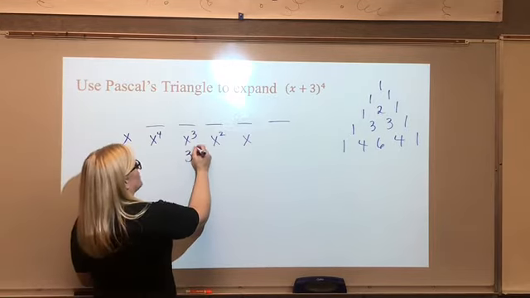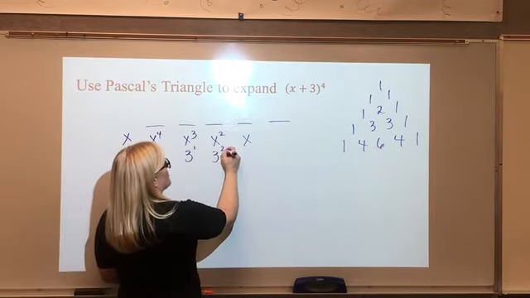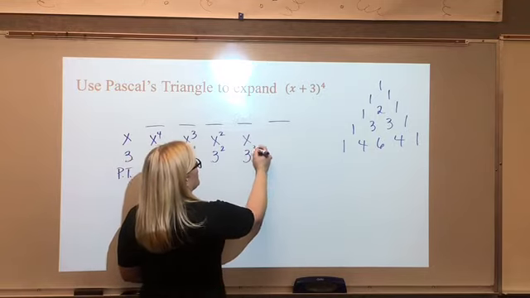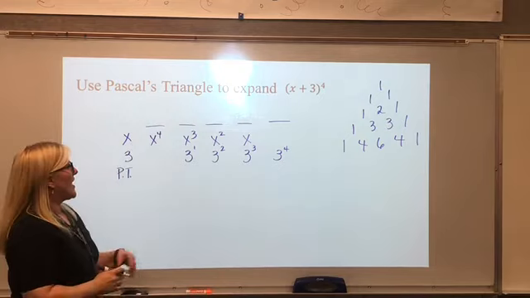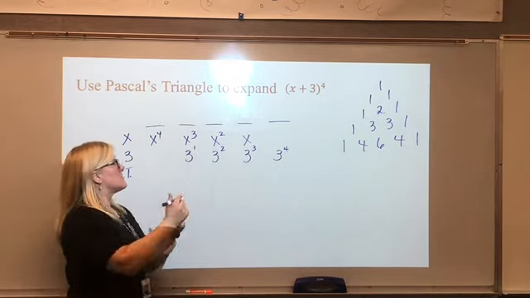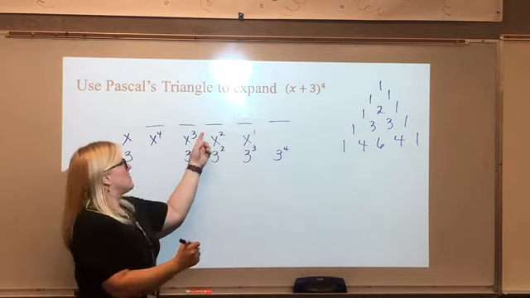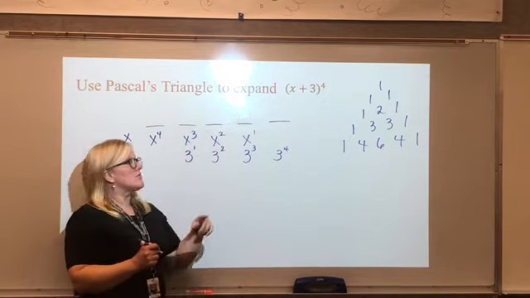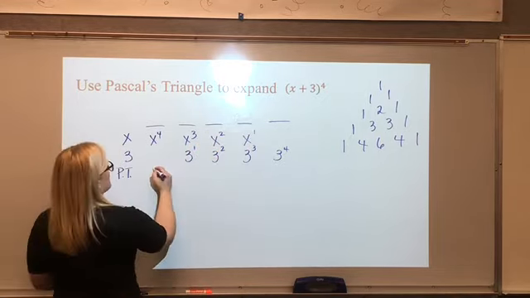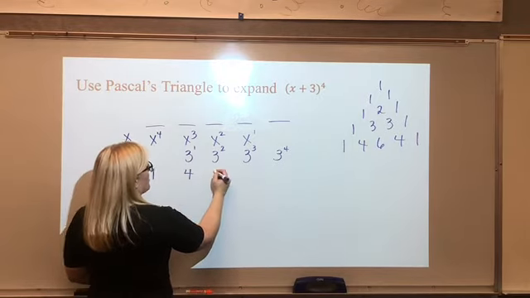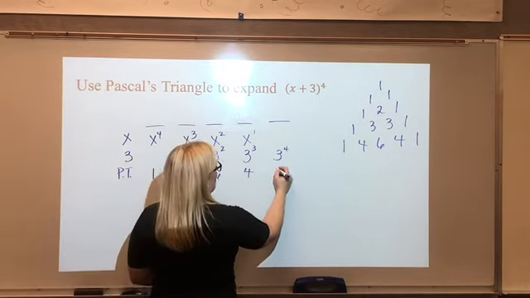Okay, 3 to the 0 is 1. We've got 3 to the 1st power, 3 to the 2nd power, 3 to the 3rd power, 3 to the 4th power. Okay, and look again, my exponents are all adding up to 4, which is what I need. Okay, and now throwing in Pascal, 1, 4, 6, 4, 1.